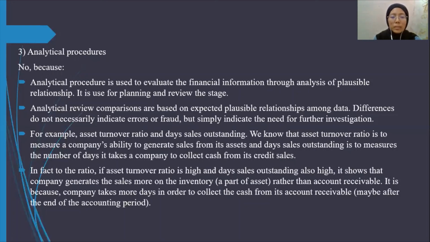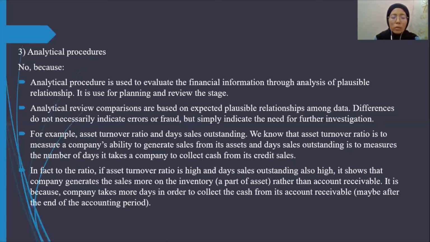For example, we take asset turnover ratio and days sales outstanding. We know the asset turnover ratio measures the company's ability to generate sales from its assets, and days sales outstanding measures the number of days it takes for a company to collect the cash from its sales.